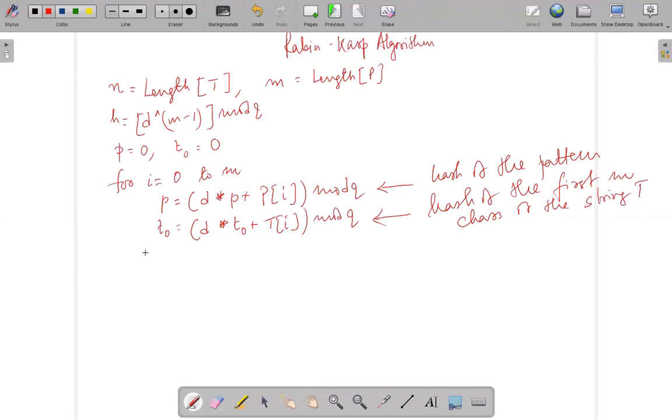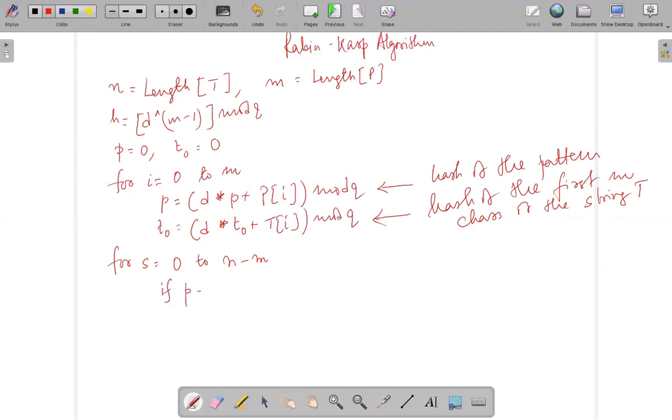Now for s equals 0 to n minus m, since we have already consumed the first m, so we run from 0 to n minus m.